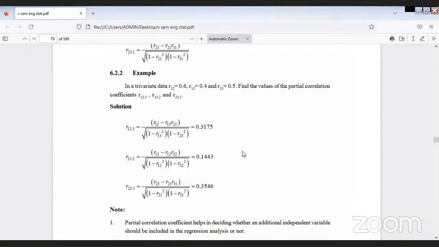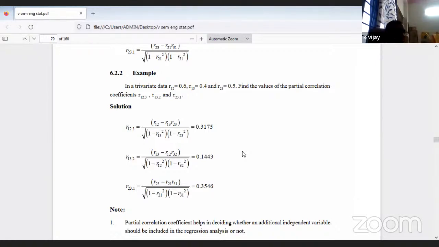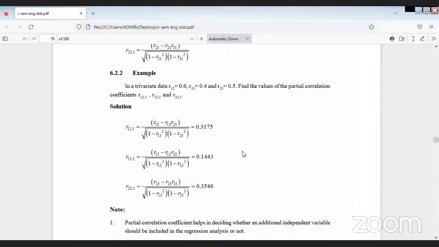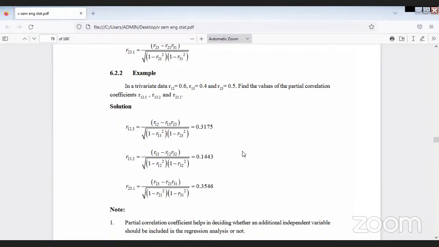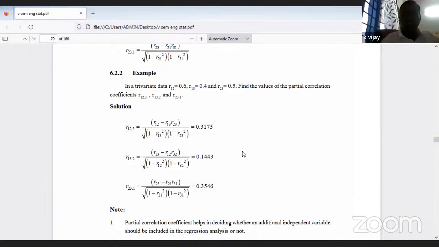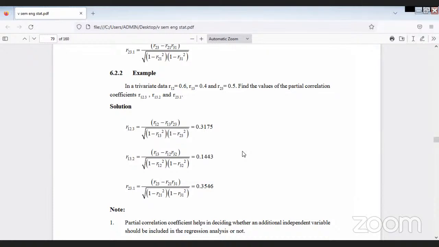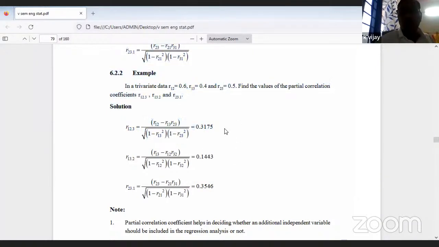Sir, R12.3, I'm getting 0.506. 0.34, sir. 0.634. Anyone else, please check. I also got 0.5, sir. Monisha, 0.506, 0.5 something. Bhavani, you have to cross check again.